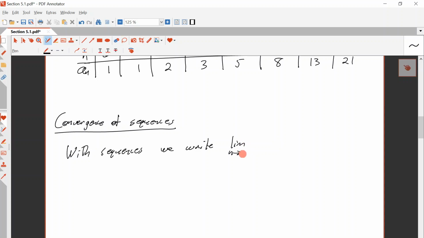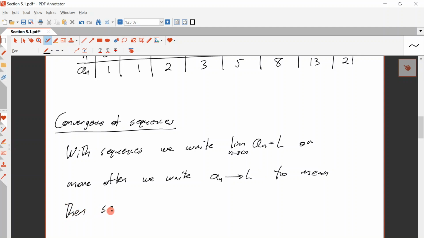So the only limit we're really interested in with sequences, we write this, or more often we write a_n → L to mean the sequence a_n converges to L. So we're taking the limit as n goes to infinity, and that's the only limit we consider with sequences.